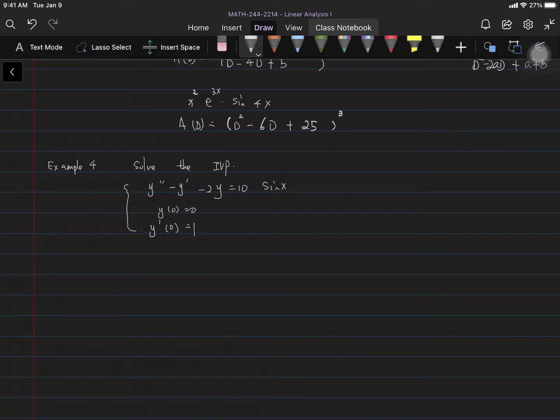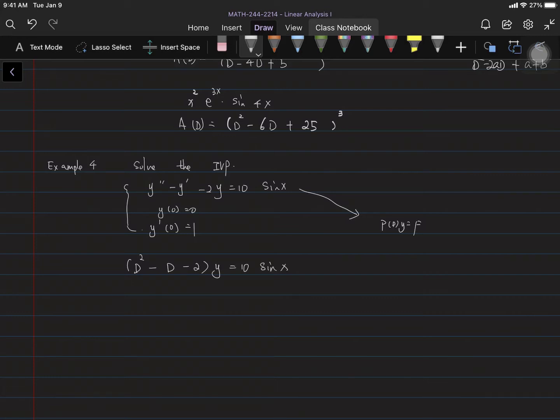Okay, so firstly we have the differential equation, but at the beginning of the class, it's usually given by P(D)y equals F, right? So the first step, we want to change this into the form P(D)y. Let's take a look at the differential equation. Second derivative means D squared, first derivative means D, and minus 2, y equals 10 sine x.